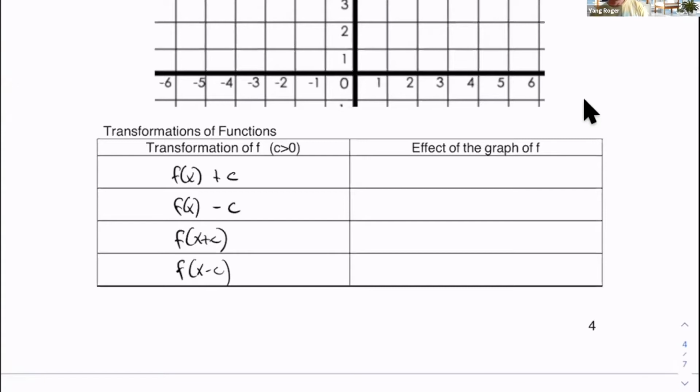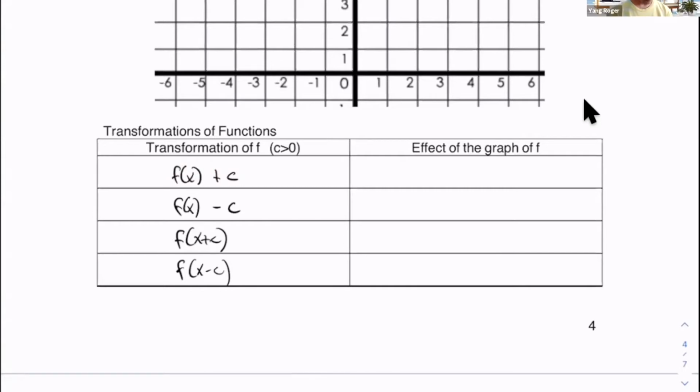Okay. So when you look at this, there's two instances where you have this plus c. Right here, you have a plus c. Right here, you have a plus c. So what's the difference between this first one and this second one? Do you guys know? Is it if the plus c is outside of the f of x, you move up and down, but if it's inside with the x, you move left and right?